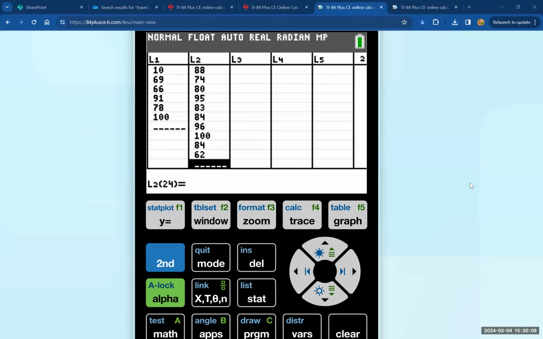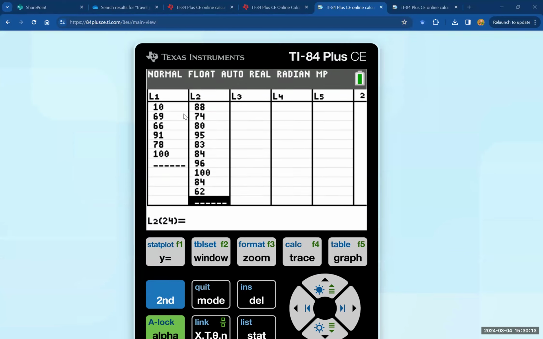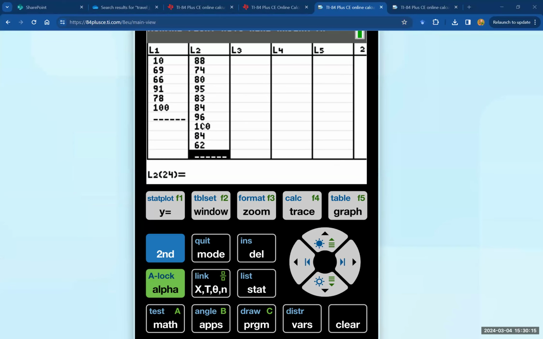So I've entered the data, and one way that I like to check, just because it's so easy to make mistakes, is if I have the right amount of numbers. I notice over here, for example, that there's 4 more on the second column, and that if I go back to the actual worksheet, I'm going to find also that I have 4 more values.